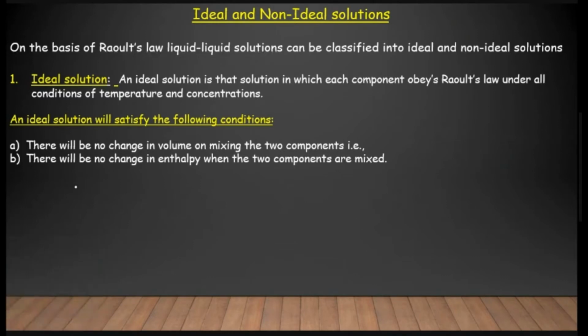Okay. So practically, when you see ideal solutions, there is no solution which is truly ideal. Ideal solutions do not exist. So when do we consider a solution as ideal?